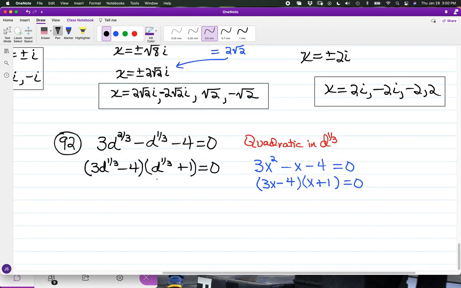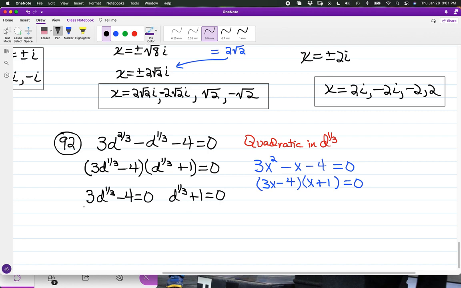Now, with these factors, I can utilize the zero product property and set each of the factors to 0. In the first, I have 3D to the 1/3 minus 4 equal to 0, along with setting D to the 1/3 plus 1 equal to 0.